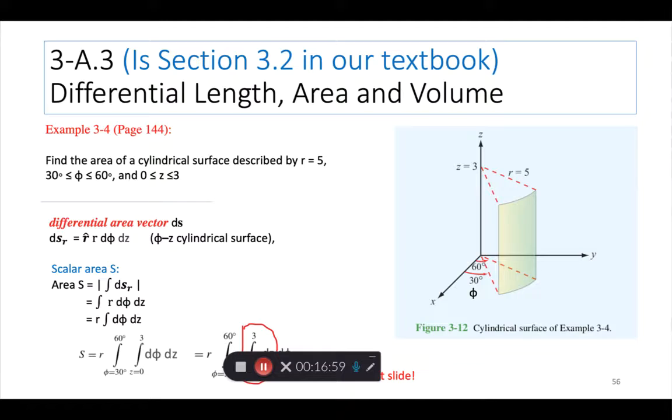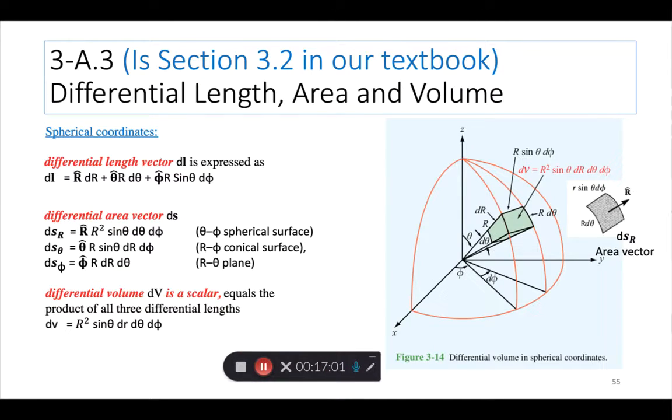Okay, all right. So that finishes our introduction to this whole differential length, area, and volume. I suggest you also become comfortable with these figures, so that you understand how the length is defined in each case, how the three areas are defined, and how the volume is defined.